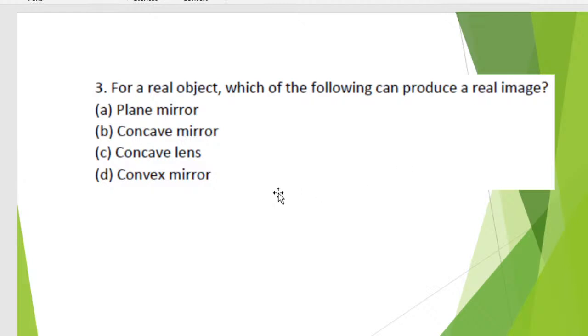The rays should actually meet. You have to go with the ray diagram properly and you will understand it.